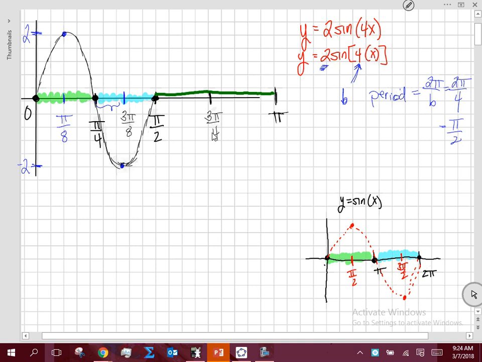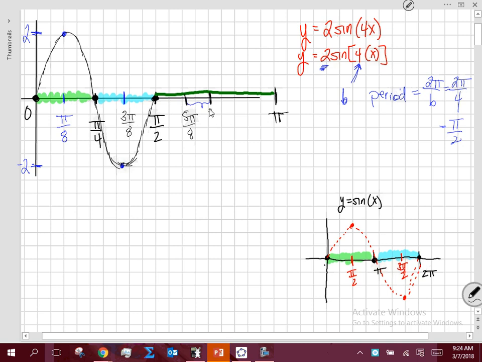Maybe you don't like trying to develop what that halfway is. Can we keep doing this? This was pi over 8, right? So that got me to 3 pi over 8. Pi over 2 is 4 pi over 8, right? Do it again. There's 5 pi over 8.